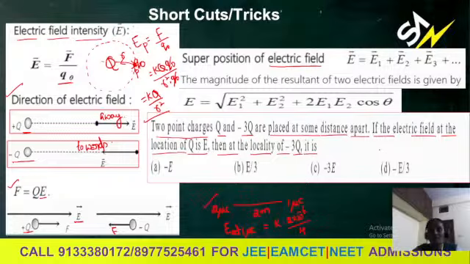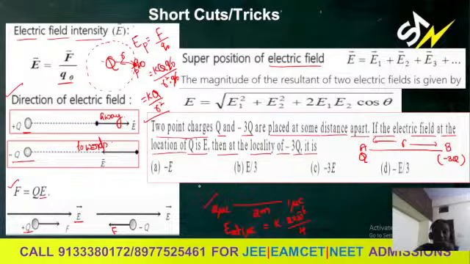First, let us analyze the situation. There are 2 charges. Let the separation AB be R distance. Here Q charge, here minus 3Q charge.